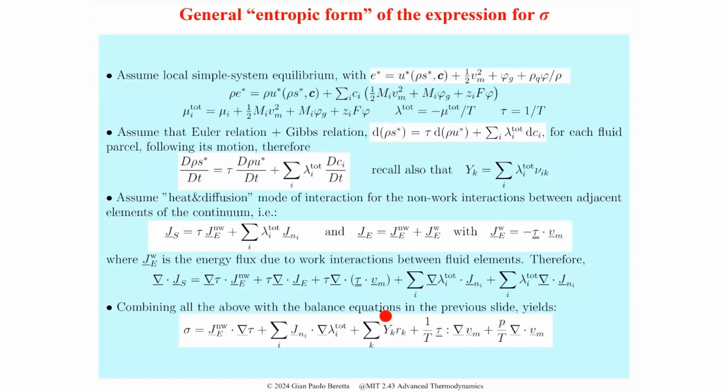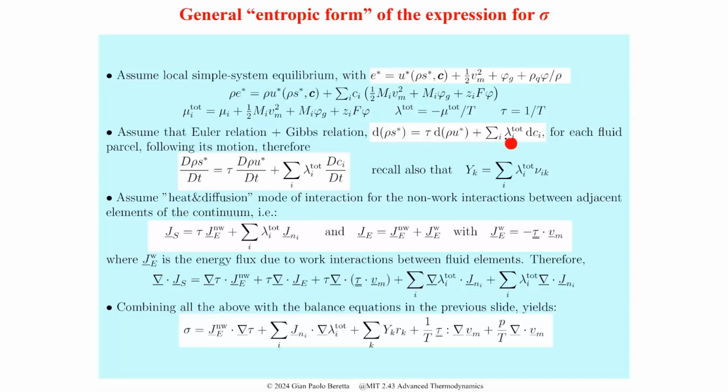And now we can put them all together. So we have assumed the local simple system equilibrium so that we can write the energy this way that we just described. The simple system model includes the Euler relation, which together with it allows you to write the Gibbs relation in this way.